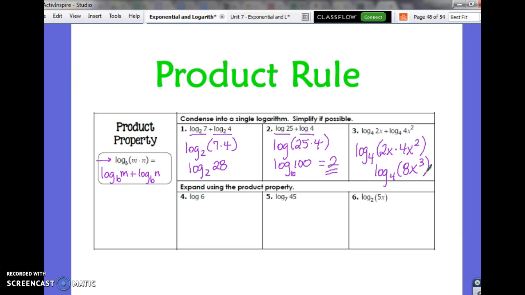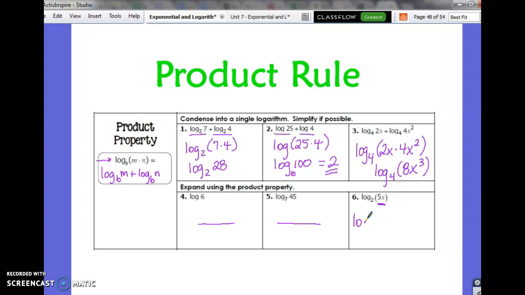Now, the next ones, as we expand or break apart, I'm not going to worry as much about these two examples, because really the answers can vary as far as what numbers you're choosing to multiply together to get 6, or what numbers you're choosing to multiply together to get 45. But on this last one, when you have log base 2 of two things being multiplied together, to expand that, you're going to bring in the addition, so you'll have multiple logarithms.